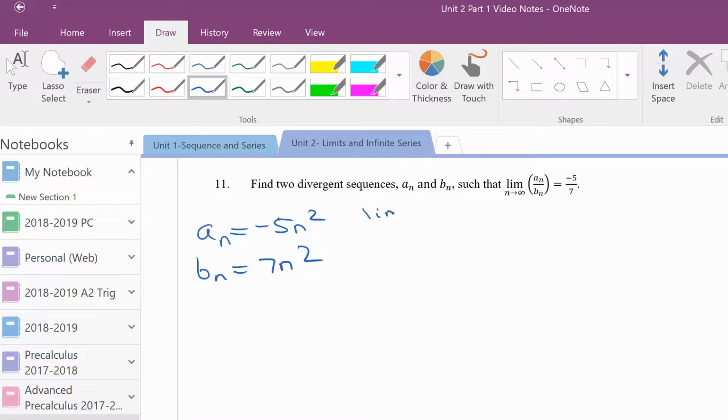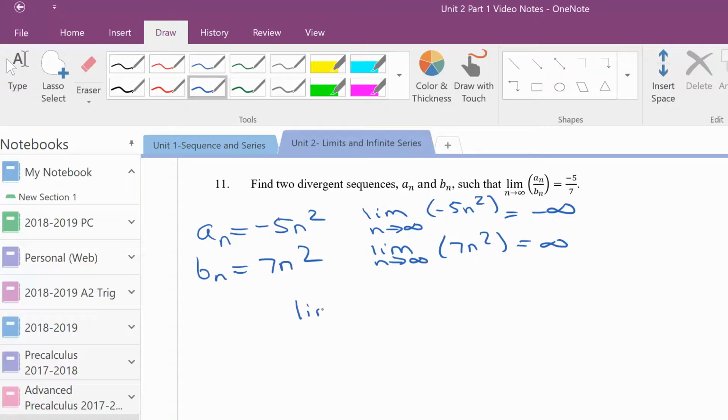Individually, if you take the limits, this one would be towards negative infinity, and this one would be towards positive infinity.